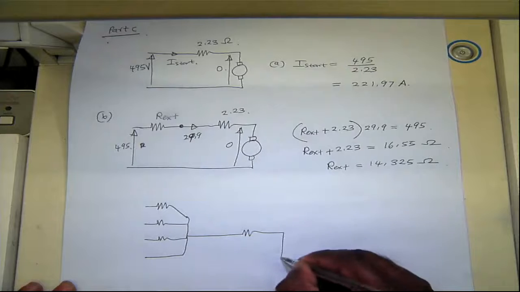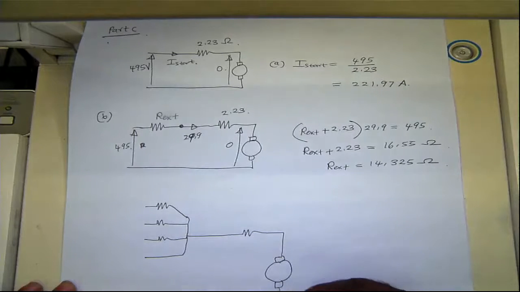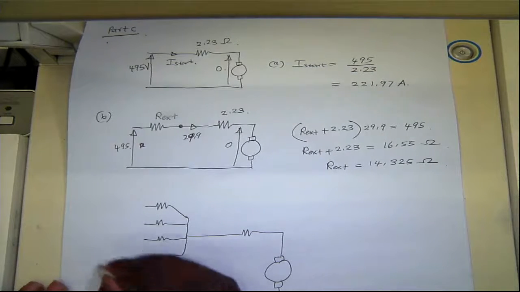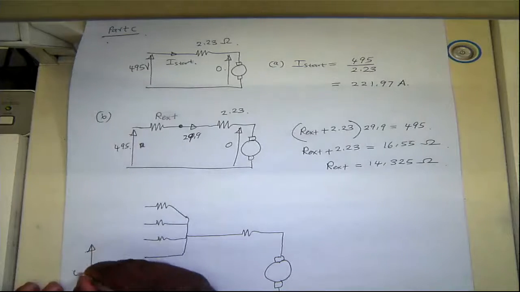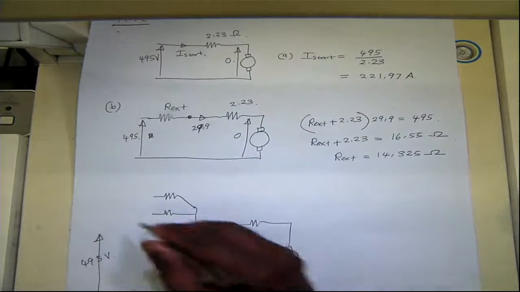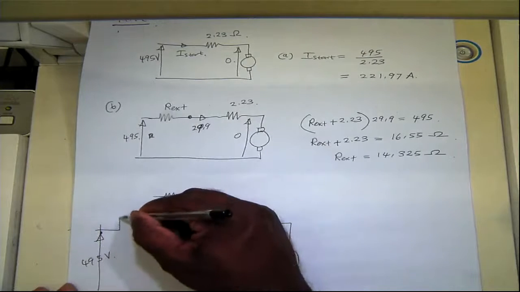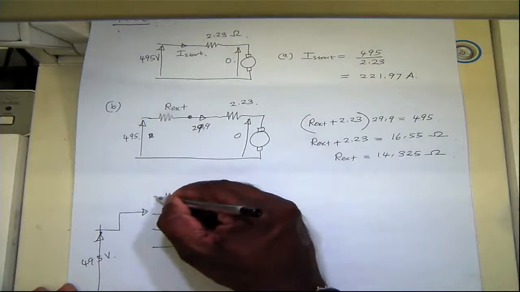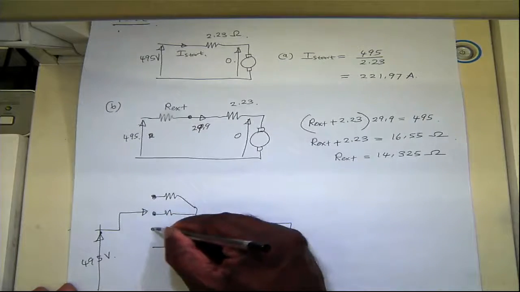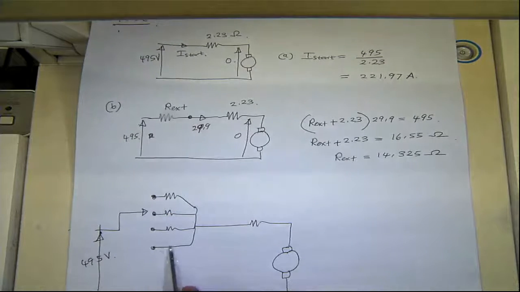So this is the equivalent circuit, and then you have the full voltage, let's say 495 volts. This steps from high resistance to low resistance, and then gradually to short circuit near full speed.